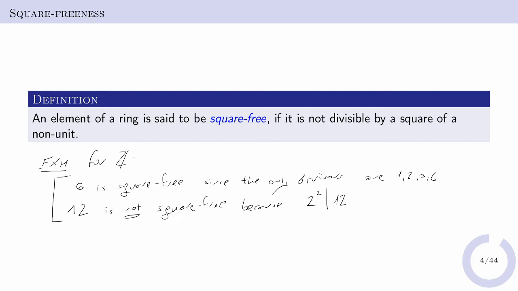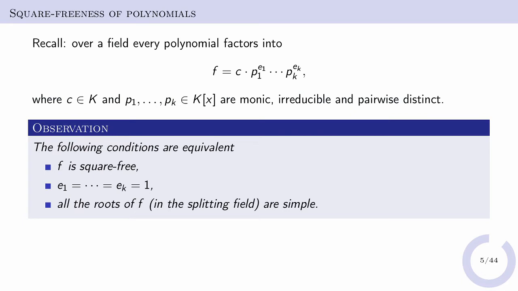Exactly the same argument applies to polynomials. The ring of polynomials, like the ring of integers, is a Euclidean domain. So every polynomial can be uniquely factored into a product of a constant, which is equal to the leading coefficient of f, times the product of powers of pairwise distinct monic irreducible polynomials.